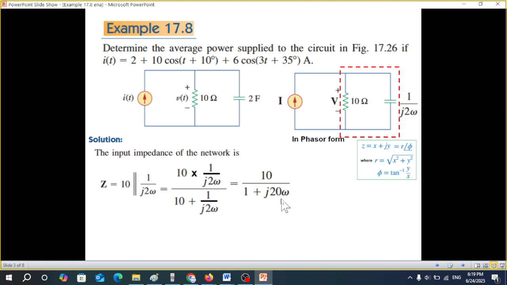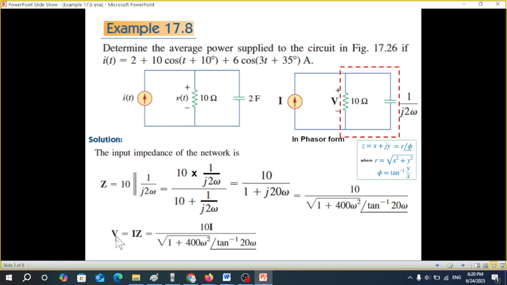So we'll use exactly the same thing here. The top remains 10. This one will become the square root of 1 plus 400 omega square. And the angle will be tangent inverse of y over x, that is 20 omega over 1, is 20 omega. So Z we have found.